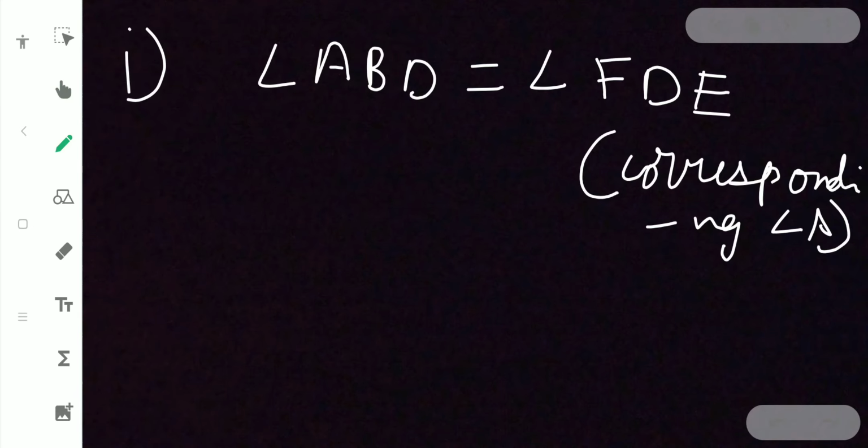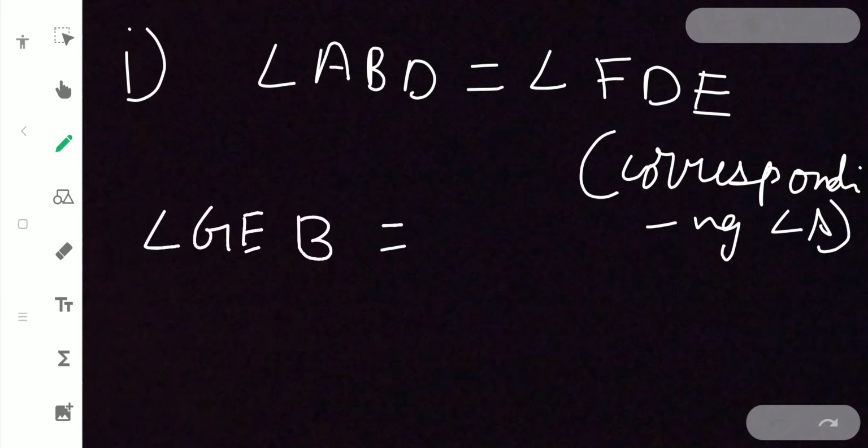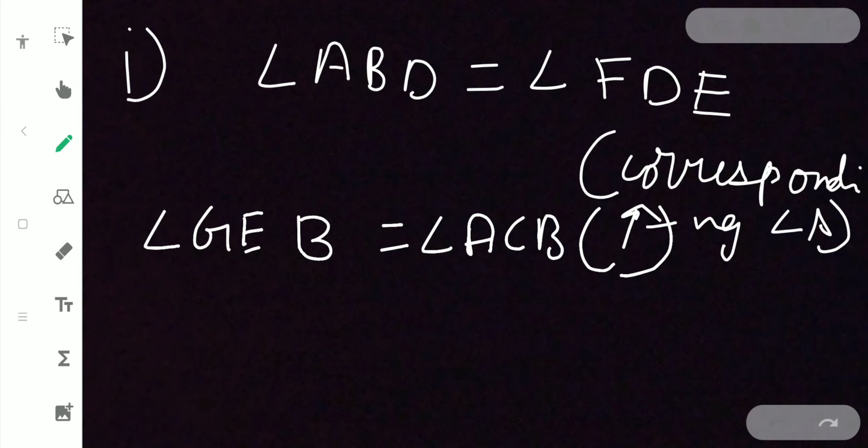This is also the same case, where we have the same corresponding angles. So I will write angle GEB is equal to angle ACB. We will write the same reason for it.